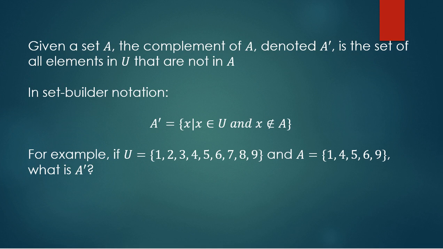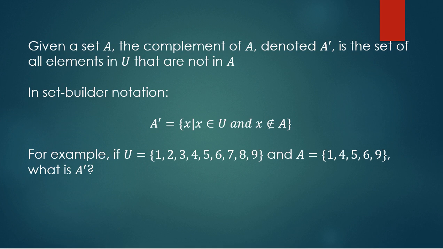So let's just go one by one and see which numbers hold to that. 1 is in U, but it's also in A, so it can't be in A complement. 2 is in U, 2 is not in A. That means that 2 is going to be an element of A complement, is going to be a member of that guy. Same goes with 3. 3 is in U, and it's not in A.